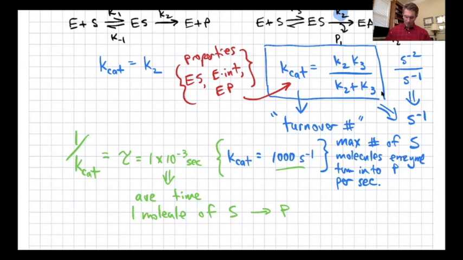So in the case of an enzyme that had a turnover number of 1,000 per second, so it could do 1,000 molecules essentially per second, then the average amount of time it takes to do one molecule would be a millisecond, right?